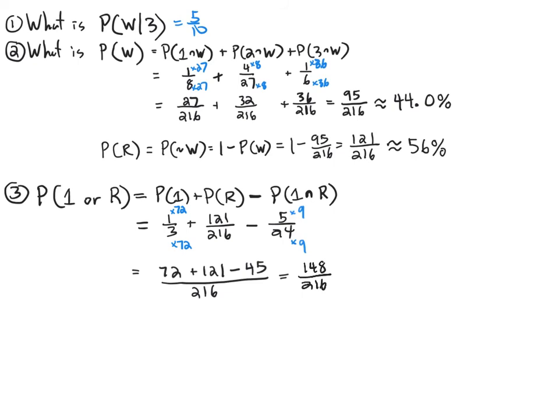And if we were to simplify that, I think there's a factor of 4 in there. Divide top and bottom by 4. You would get 37 over 54, which is about 68.5%, rounded to the nearest 0.1%.